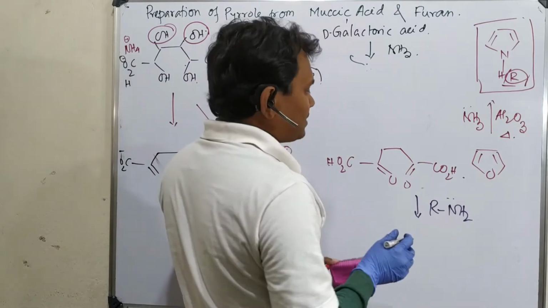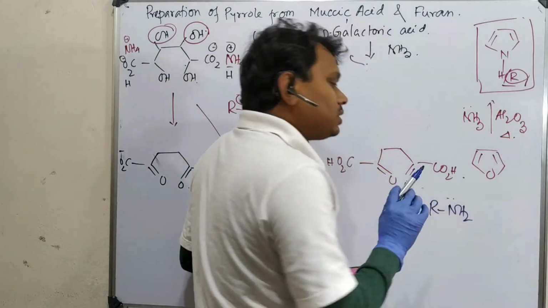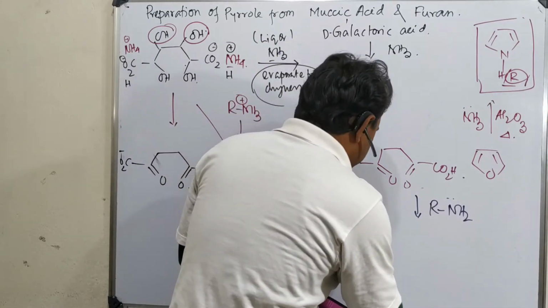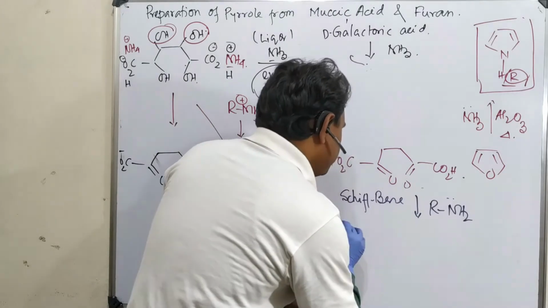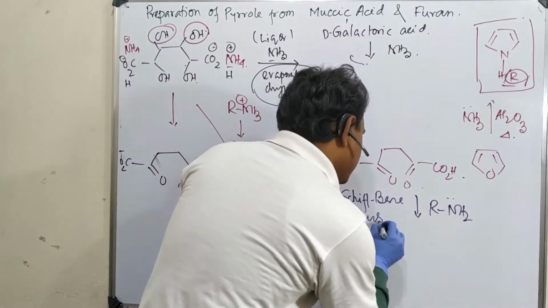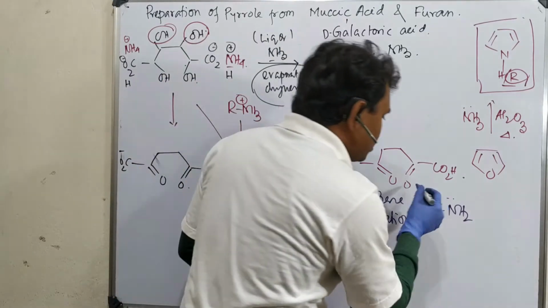As a trick you can see there is an NH2, meaning amine, and there is a carbonyl group. When they undergo Schiff-base condensation, condensation means water is eliminated. So what happens?